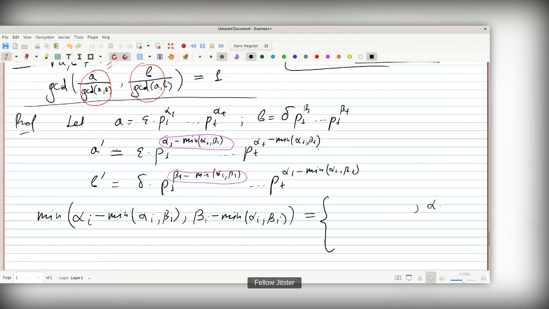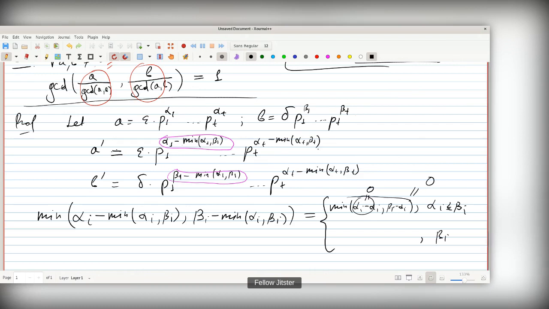First of all, what if alpha i is less or equal than beta i? We have here the minimum of alpha i minus alpha i and beta i minus alpha i. But here we have 0. Hence, this entire minimum is just 0.